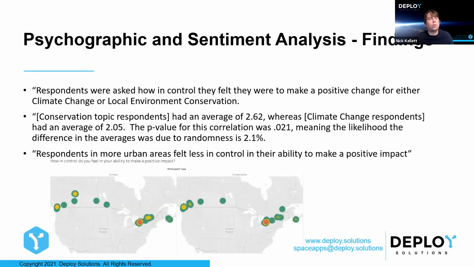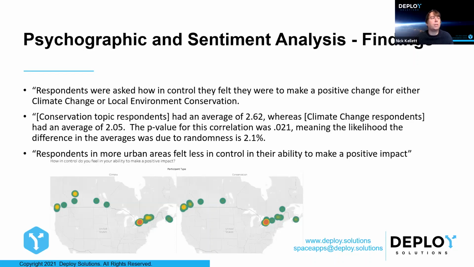And according to the Utah Valley University analysis, it's not random. So in other words, people who were asked about local conservation felt more able to take control. People who were asked about climate change felt less able. And that's a pretty interesting finding from a communication perspective. Additionally, respondents in the more urban areas felt less in control in their ability to make a positive impact than respondents in rural areas.